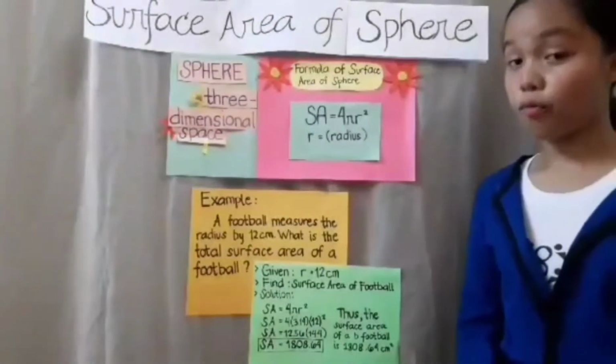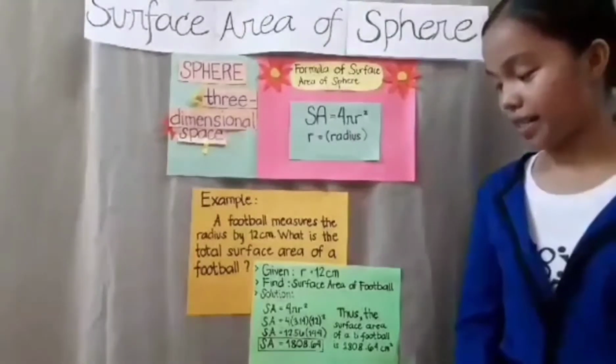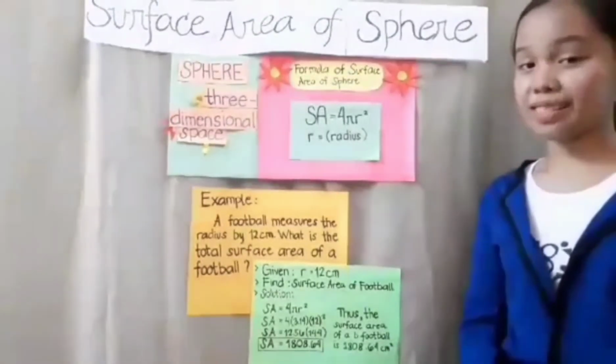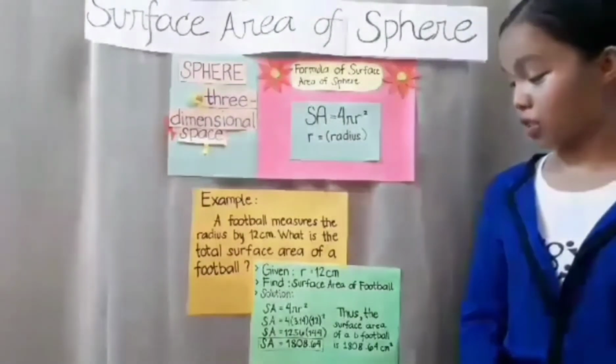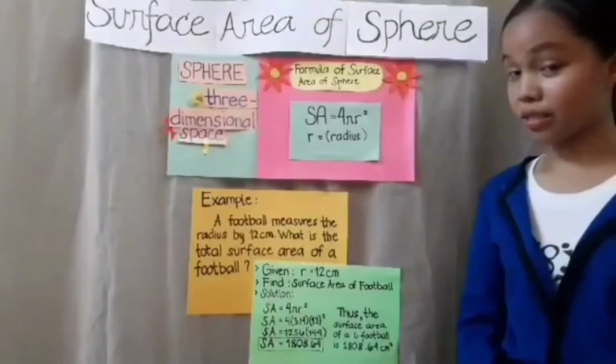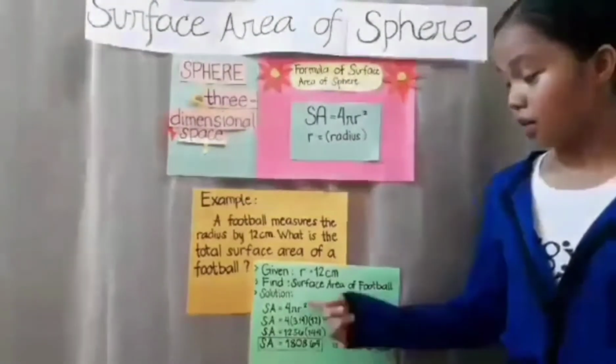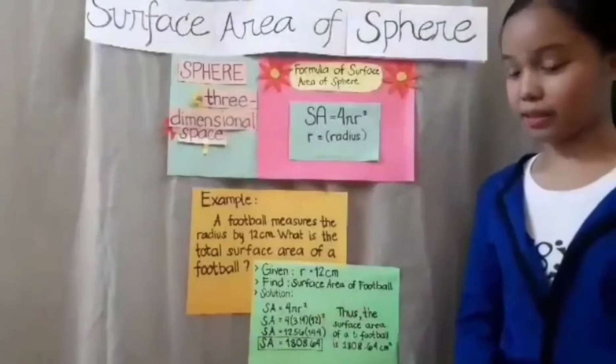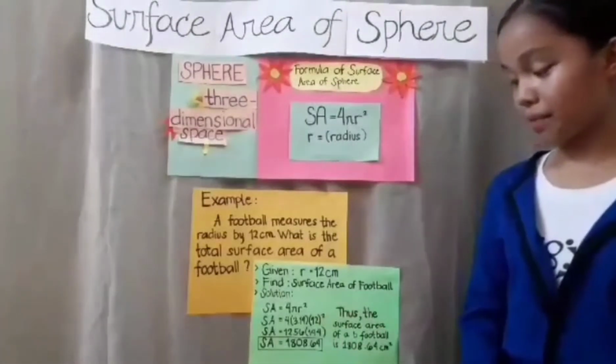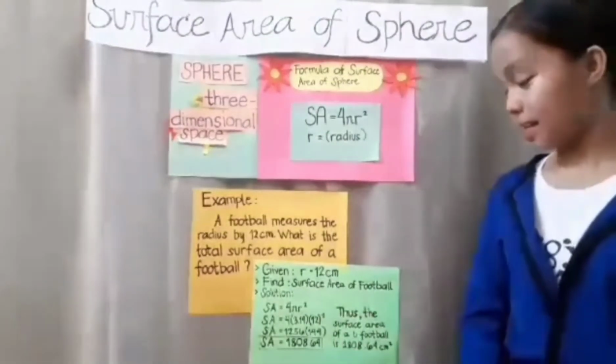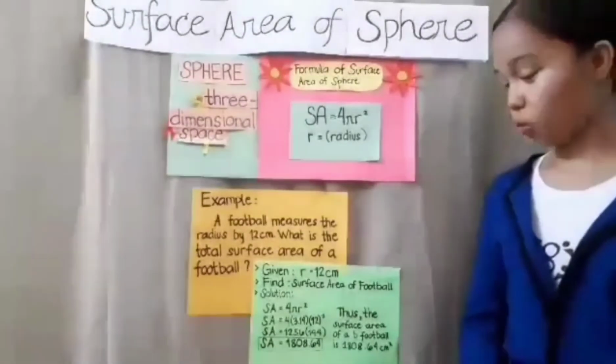So it is 4 pi r squared, and then we will substitute each given value into the variables. 4 times 3.14 times 12 squared.